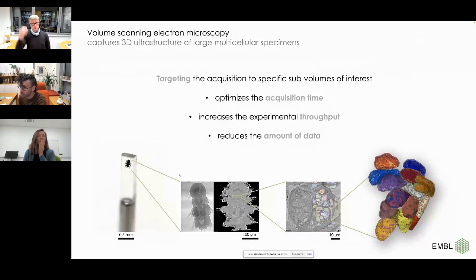And this is what we are trying to develop in my team, and to play with different modalities in order to do that. The motivations are, as I just said, to target subvolume of interest, to optimize the acquisition time, and this as a consequence will lead to an increased experimental throughput, which then opens to the multiplication of observation and then hopefully lead to quantitation.